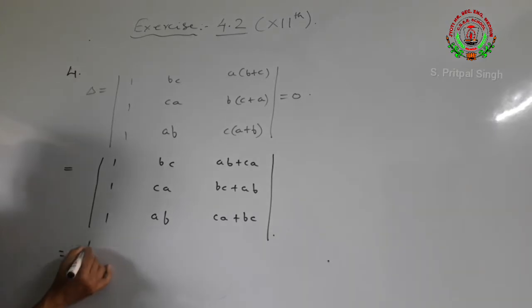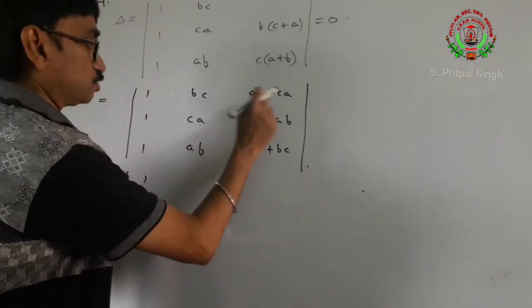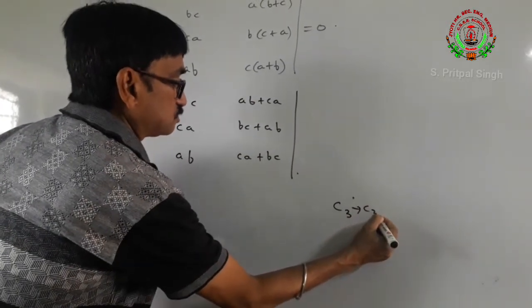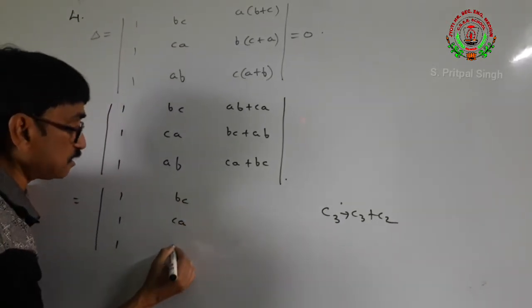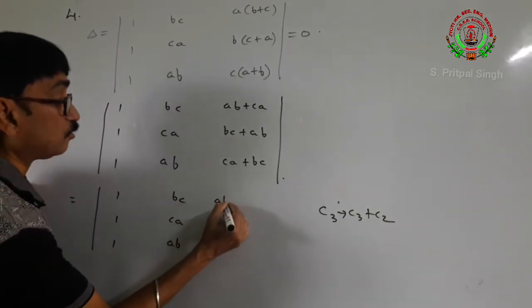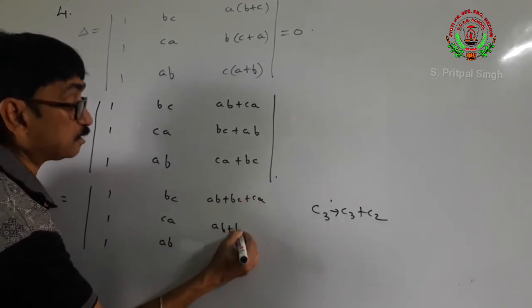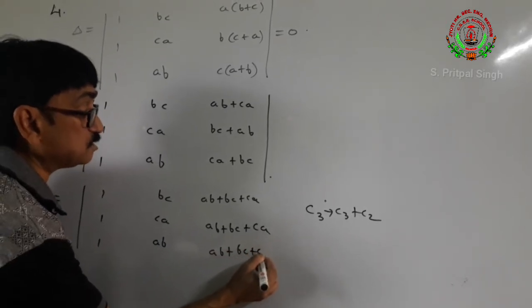Now in the next step, 1, 1, 1, I am going to apply the property C3 is equals to C3 plus C2. BC, CA, AB, we get on adding AB plus BC plus CA, AB plus BC plus CA, and here also AB plus BC plus CA.